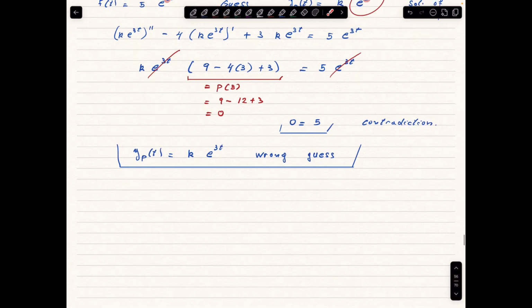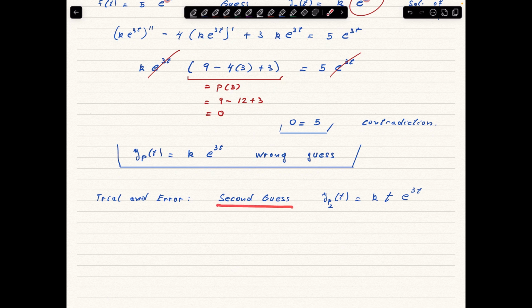So what do we do now? Well, more trial and error, but we are going to summarize it a little bit. We need to try different functions. People found out that a good second guess, let's call it yp2 now, is t multiplied by the first guess, exponential 3t.